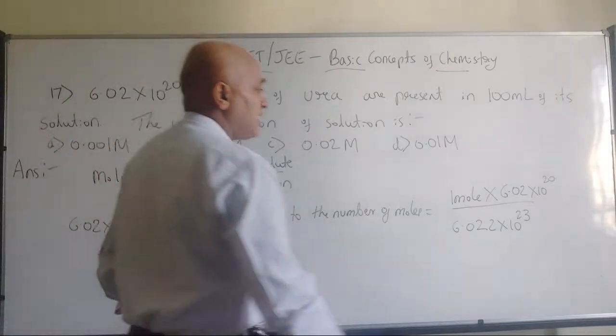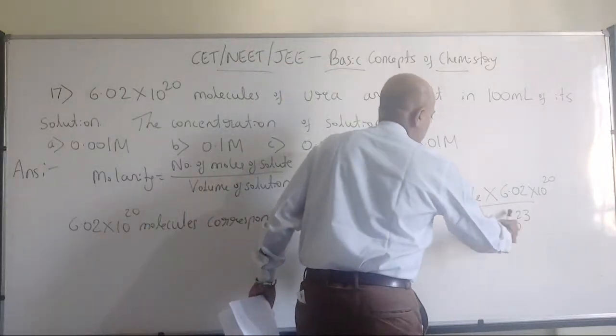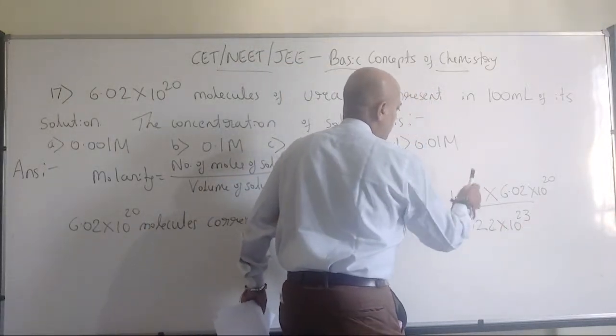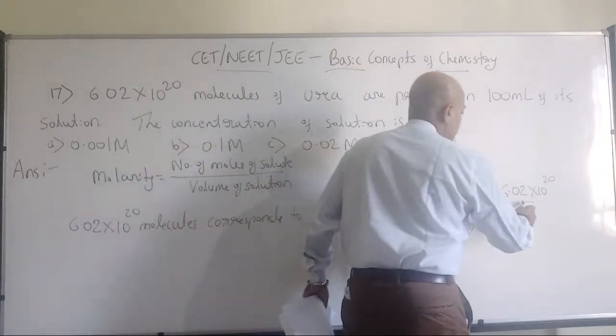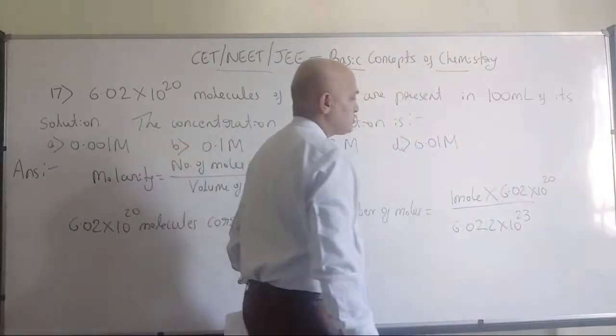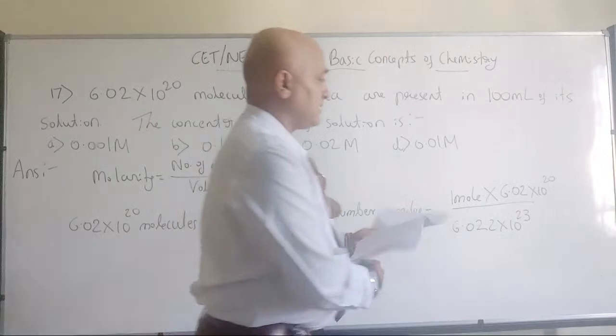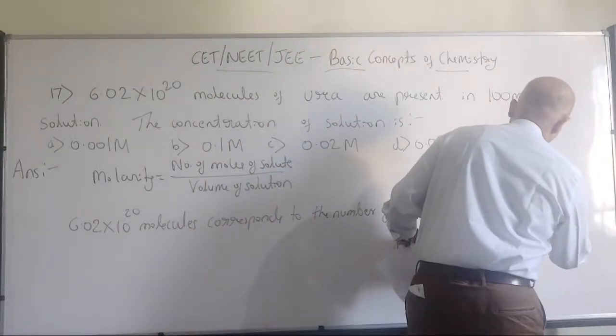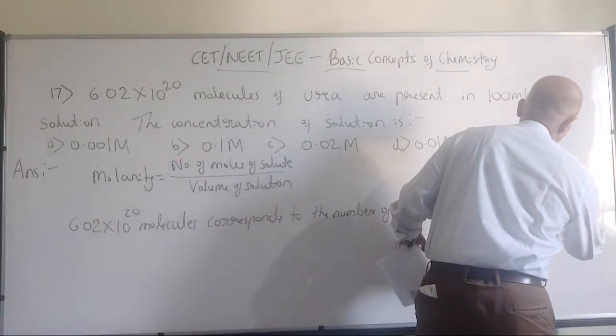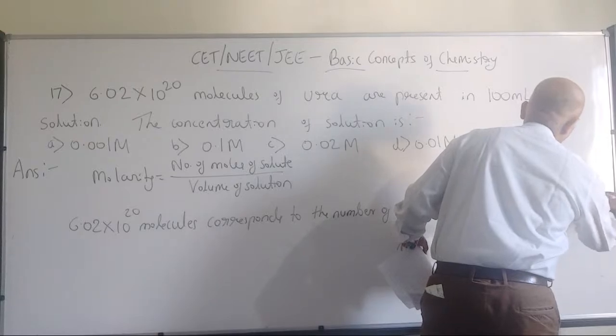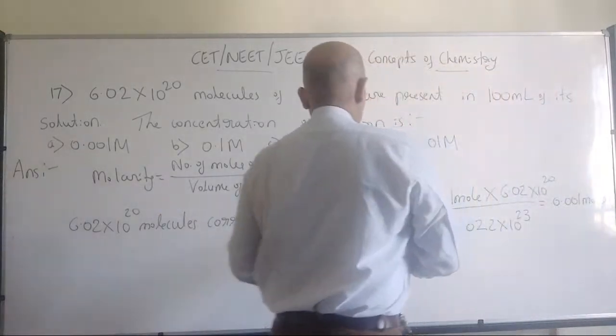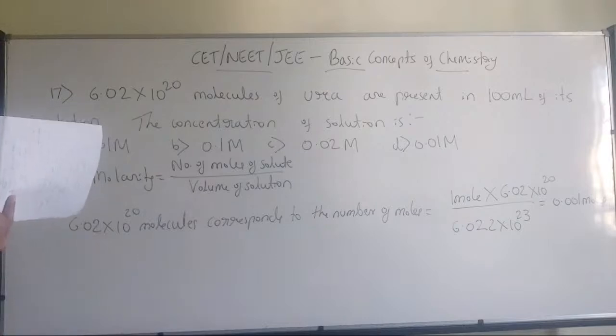So therefore Avogadro's number of the molecule, that is urea, corresponds to 1 mole of urea. So these many number of urea corresponds to how many moles? Okay, so that's where we have got the answer as 0.001 moles.